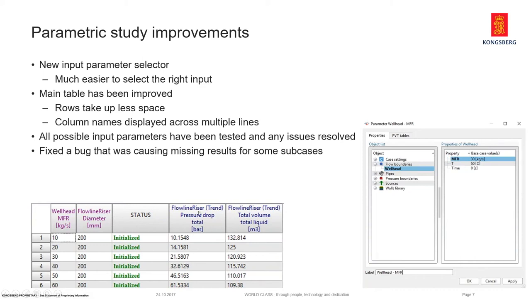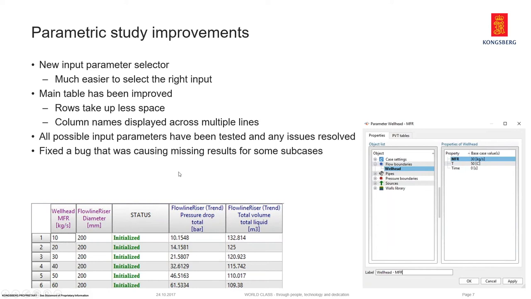So you can see here that it's much easier to find what this variable means now, because the first line shows the logger name, in this case the pipe and the trend. Then there comes the variable and then the qualifier for it. So in this case you can see this is the total pressure drop as opposed to the gravitational and frictional pressure drop for this pipe. It makes it a bit easier to see what is here.